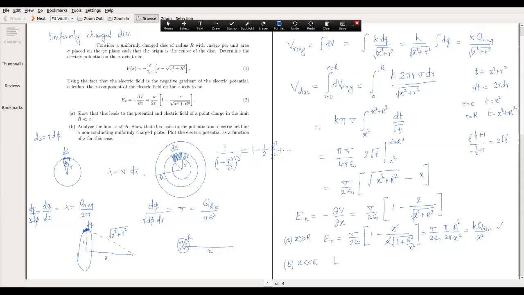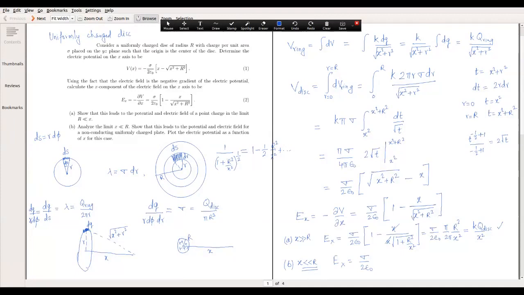So this is simply Ex equal to sigma over 2 epsilon naught, which is of course the electric field due to a uniformly charged plate of infinite extent. And that's exactly what we mean by infinite extent, that we are too close to the plate and very much at the center of the plate too, so that the extreme sides of the plate are not playing a significant role in that region.